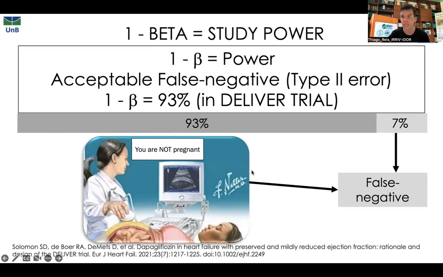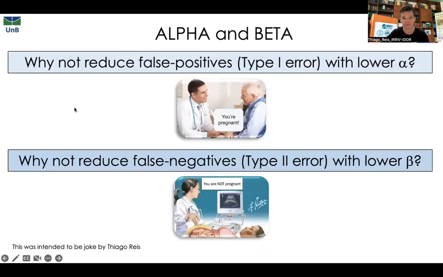So there was a 7% chance that these results are a false negative. In other words, the drug works, but we could not prove it. And then we said it doesn't work, it doesn't reject the null hypothesis, but we were wrong. So this is a false negative.